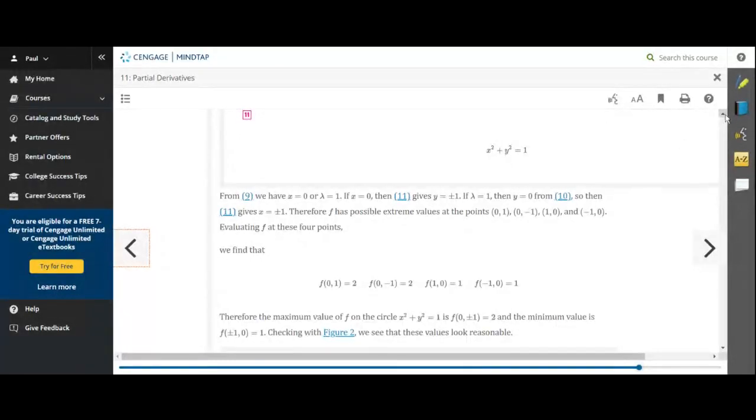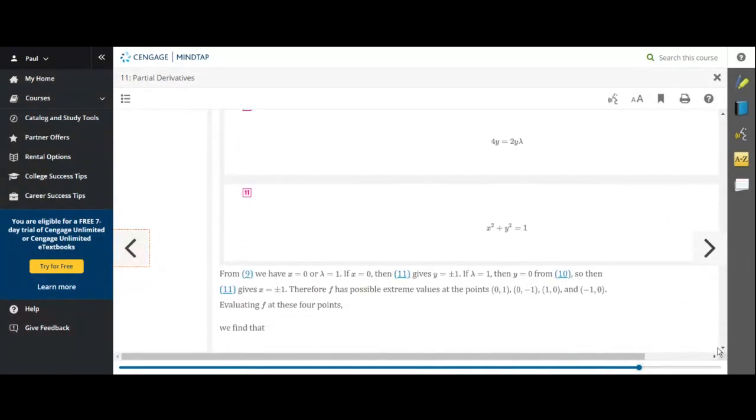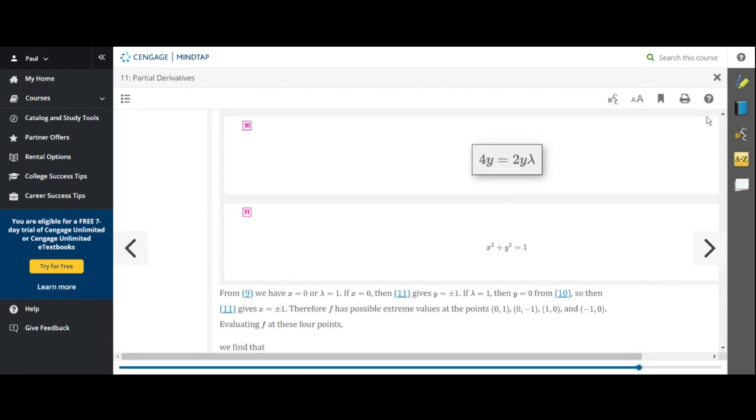if x equals 0 or lambda equals 1: if we put x equals 0 in the constraint equation here, you're going to get y equals plus or minus 1. On the other hand, if you put lambda equals 1 in equation 9 here, then 4y would equal 2y, and the only solution from that is y equals 0.